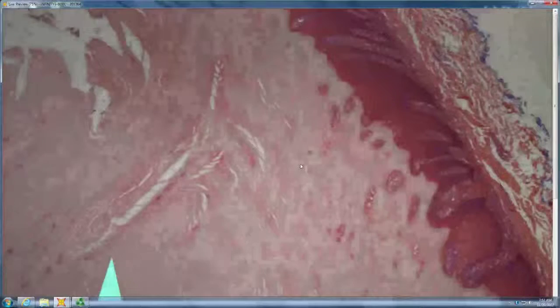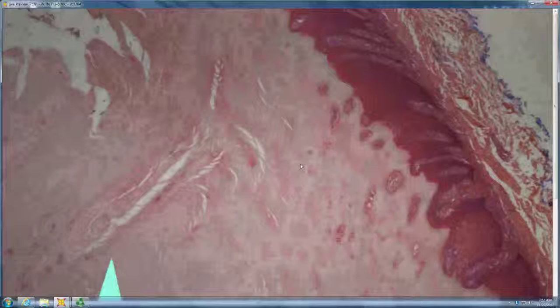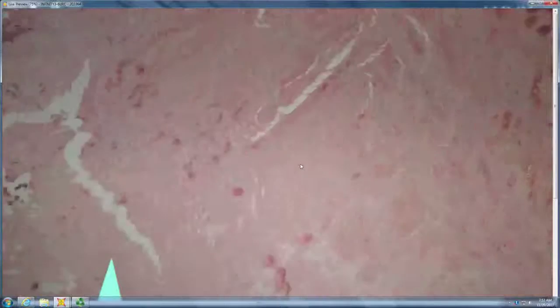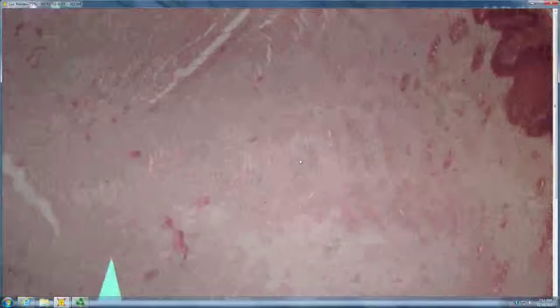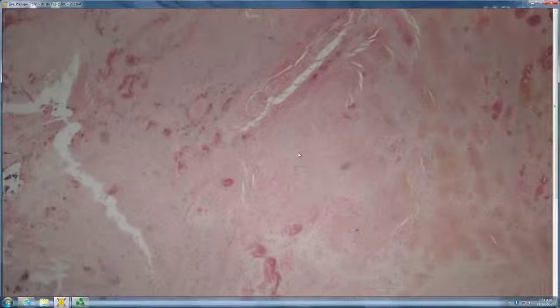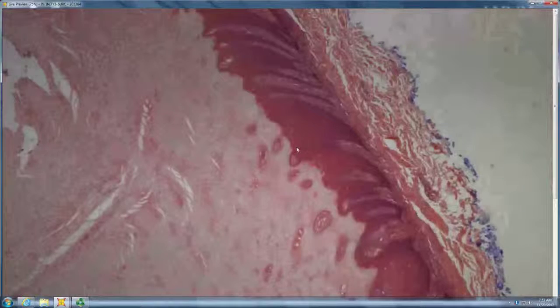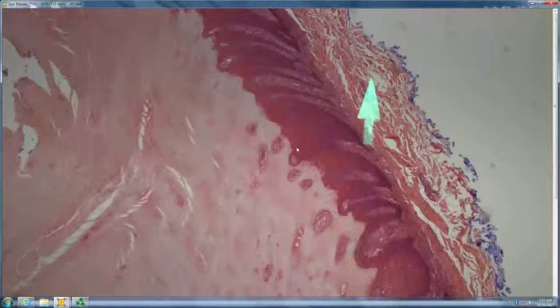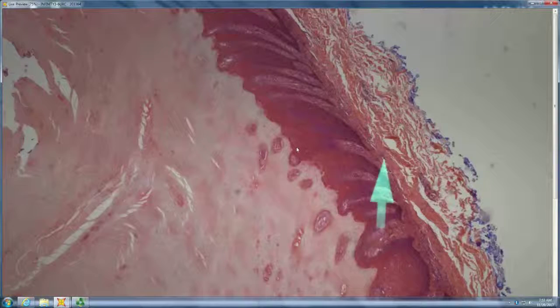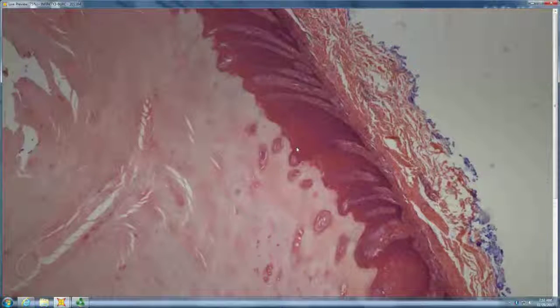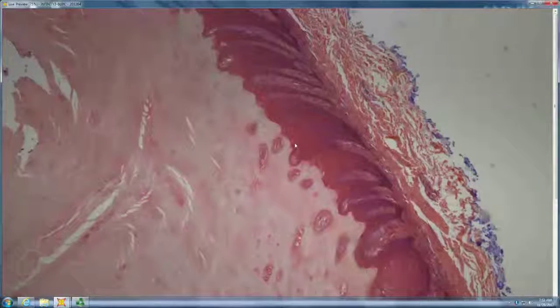Okay, how about this? It's in the dermis, so there's diffuse deposit of some protein. So that's the dermis down there. So that's stratum corneum.